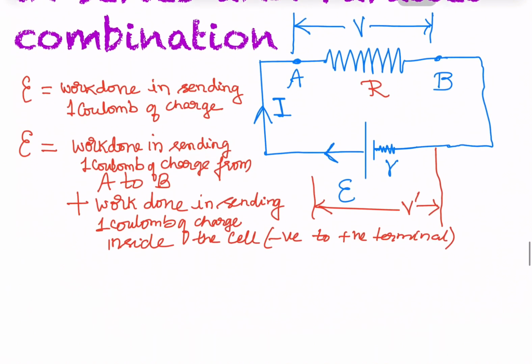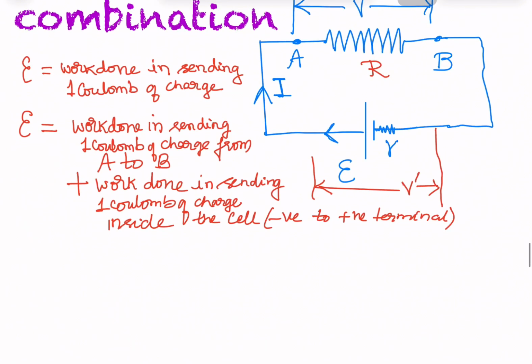So therefore, we can write the total EMF of the cell is equal to the work done in order to drive a unit positive charge from A to B. That is represented by V and V dash.